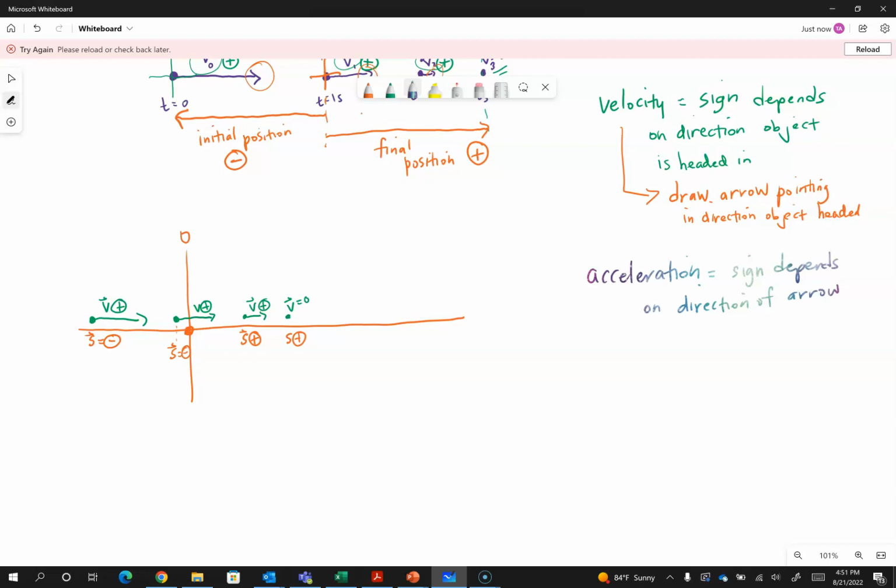What I want you to do whenever you think about acceleration, think about, so instead of this diagram over here to the left being a car, imagine it's a kid in a wagon or a friend on a skateboard.